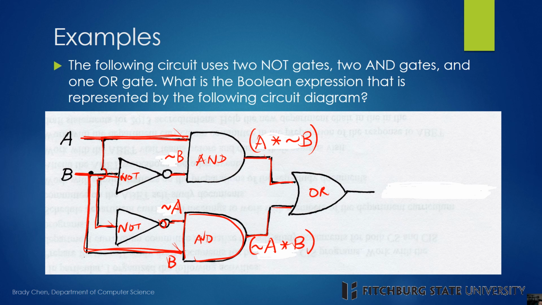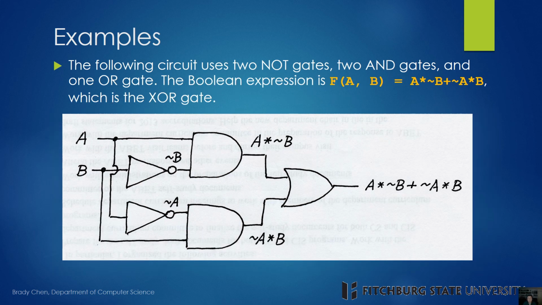So the output should be A times tilde B plus tilde A times B. This is the Boolean expression represented by this circuit diagram.